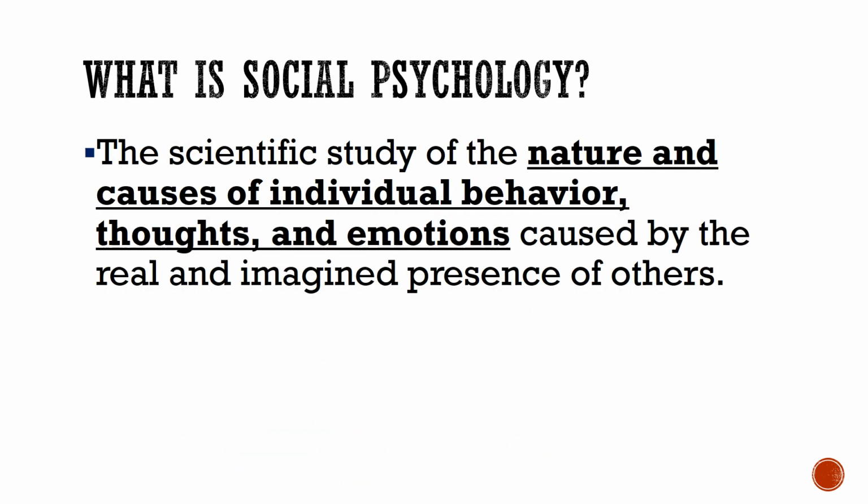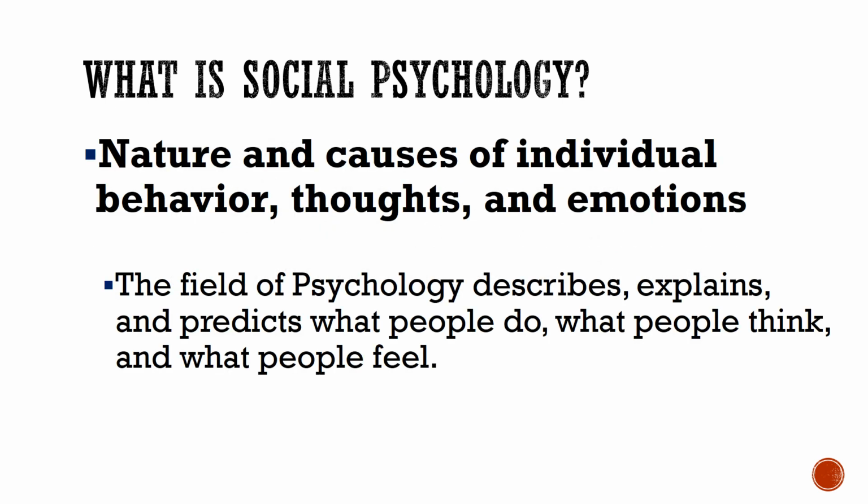Moving back to the definition, the second part of the definition I want to highlight is nature and causes of individual behavior, thoughts, and emotions. Psychology describes, explains, and predicts what people do, what people think, and what people feel. Why do people act in certain ways around authority figures?